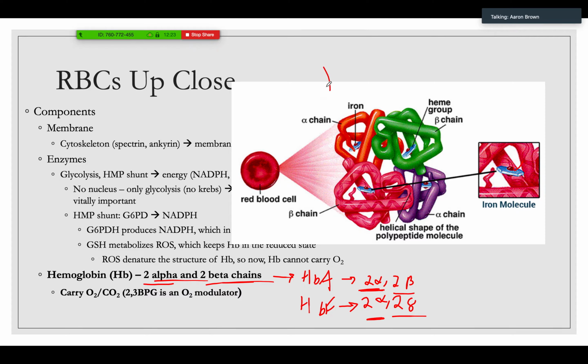The only thing you're changing are these extra 2 chains. Okay, and so you can see on this image here, here's an alpha chain, here's a beta chain, beta chain. If we wanted to turn this from HbA, our adult hemoglobin, into fetal hemoglobin, what we would do is we would change these beta chains into gamma chains, and you would end up with something called fetal hemoglobin. It's very similar to adult hemoglobin. The only difference is it binds onto oxygen a little bit tighter than adult hemoglobin, which is good because if you think about the mother trying to get oxygen to the growing fetus, it needs to deliver that oxygen to the placenta.